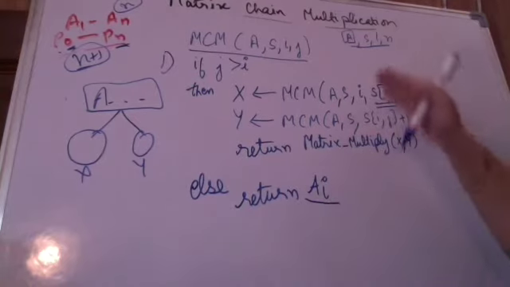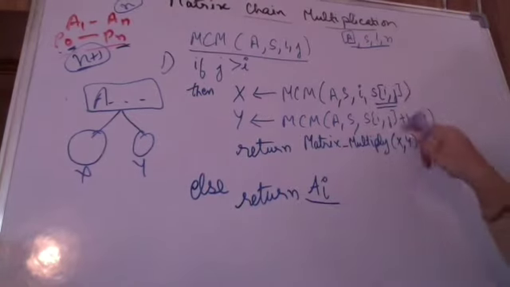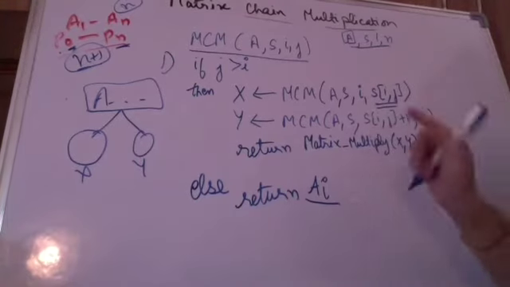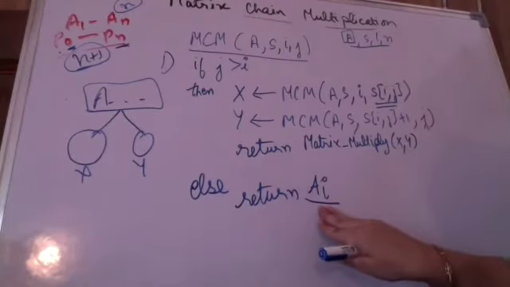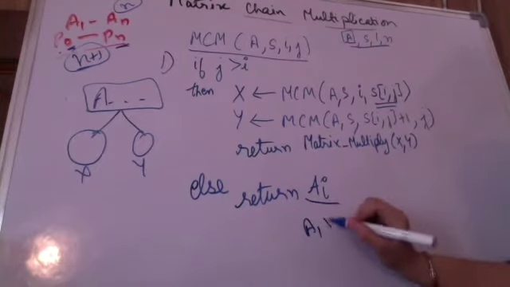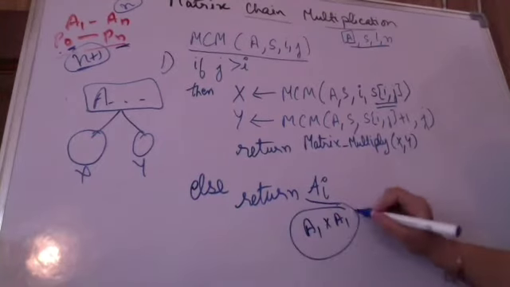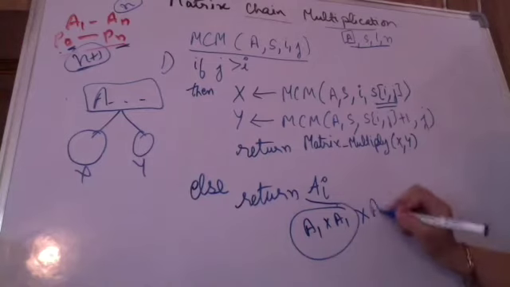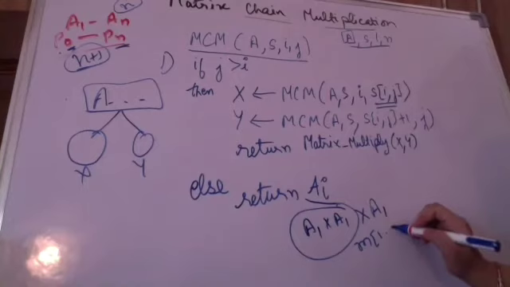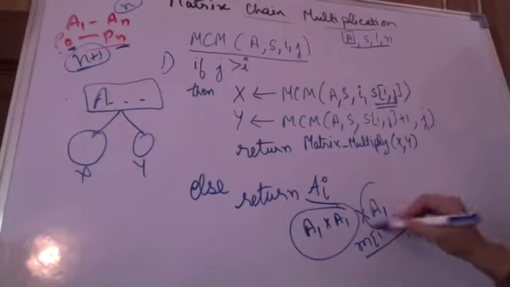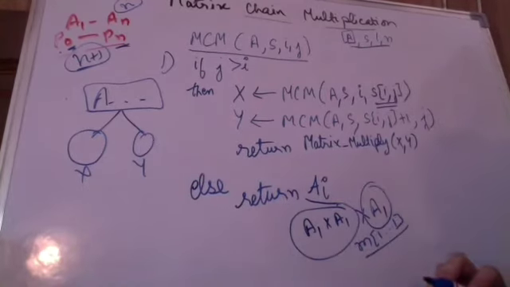When we bifurcate and reach such a length, the value of k plus 1 and j will become the same. In that case, when we call, I will be returning the matrix itself. We do not have to calculate A1 into A1, we are returning A1. If we are trying to find this from 1 till 1, that means we have a single matrix 1, which is being returned. Clear?